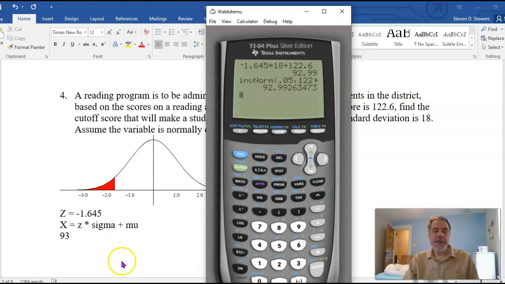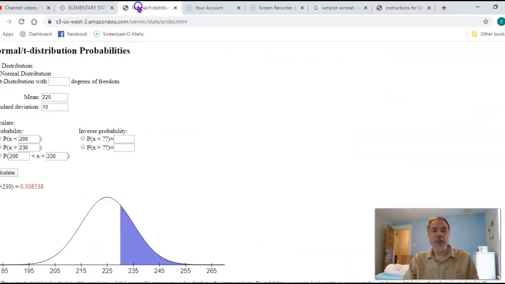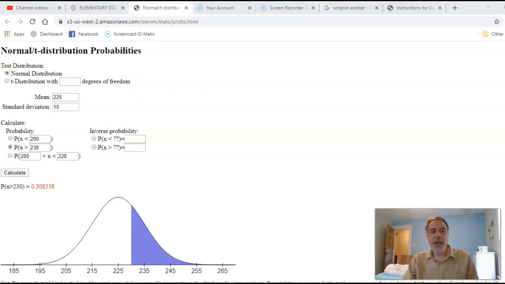The second shortcut method is using that online app that I showed you earlier. Make sure you select normal distribution. Give it the correct numbers for the mean, ours was 122.6, and the standard deviation, ours was 18. And we're over here on the inverse probability problem.